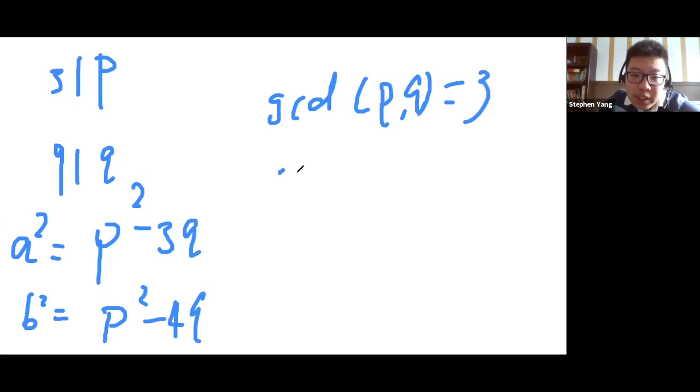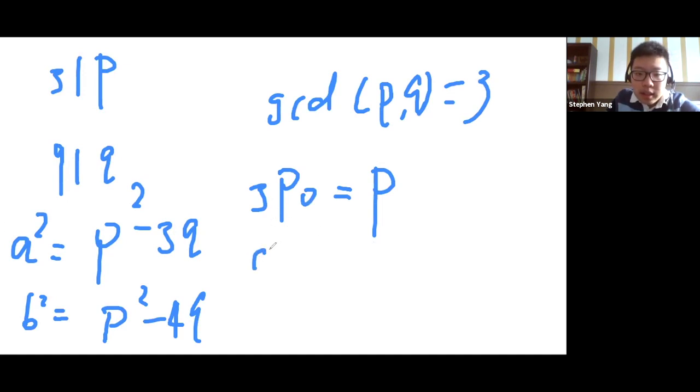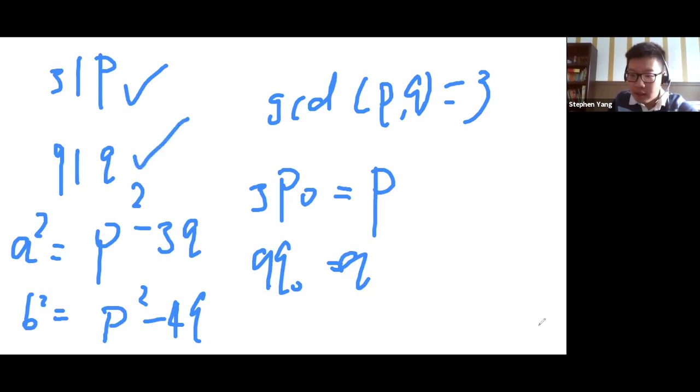So let 3p0 equal p, which means p0 could be not a multiple of 3, and 9q0 equal q. Since p0 and q0 must be integers, these two conditions are now satisfied.